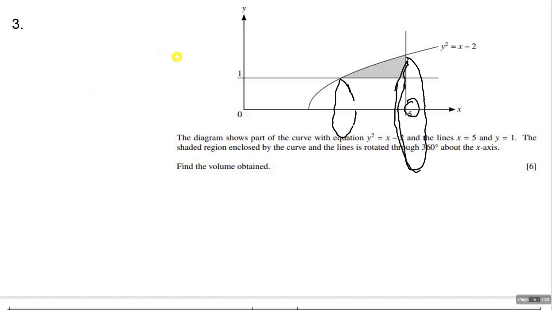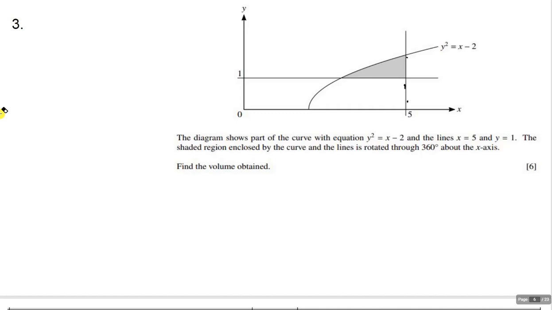here's what we have to do. To do this, what we're going to have to do is find the volume of wrapping around this shaded area, around the x-axis.